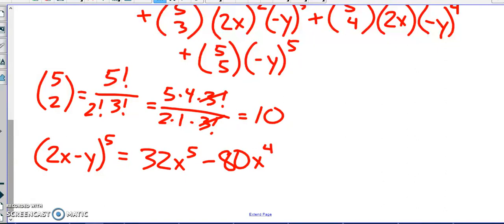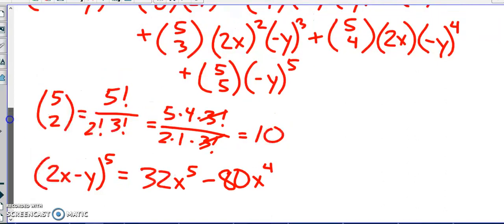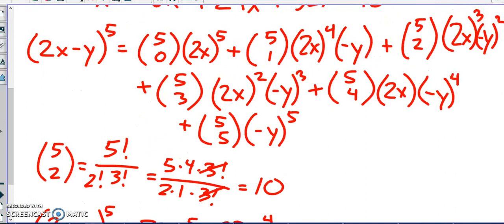Then, if I come back up here and get my magic pen again, there we go. So then this guy, this was 10. And then 2 cubed is 8.